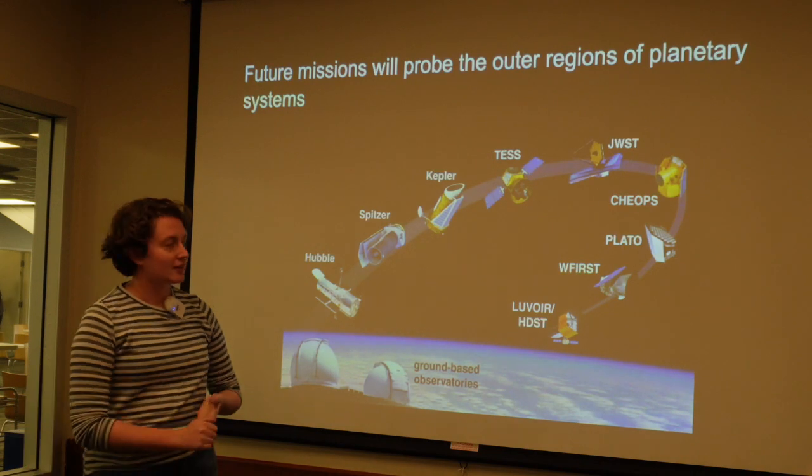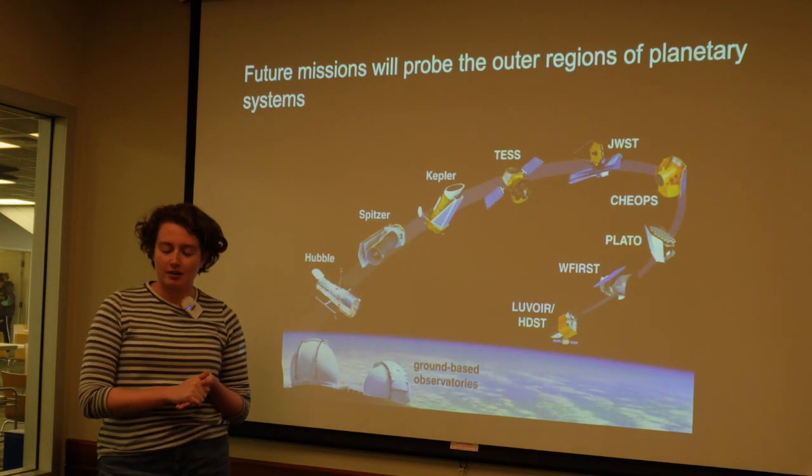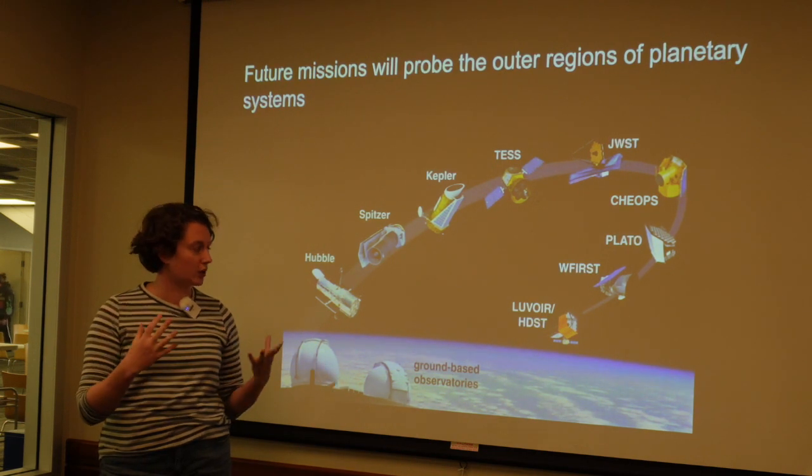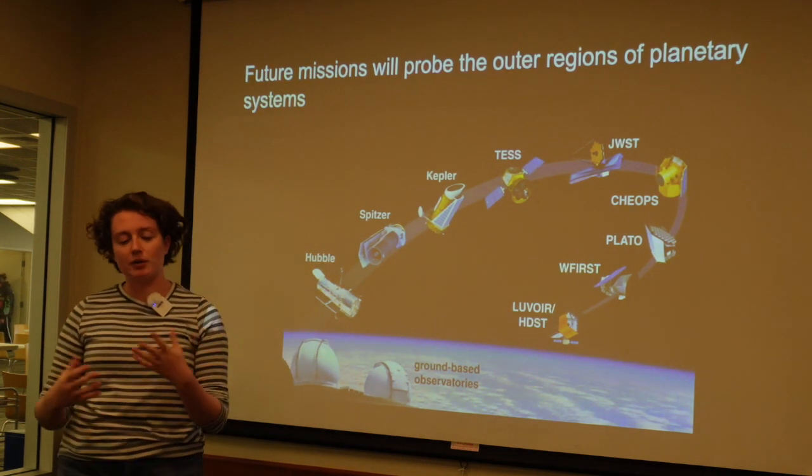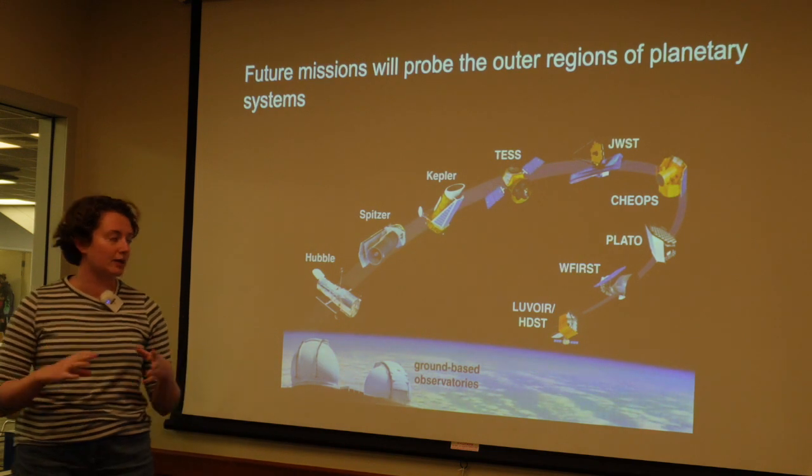The great thing is that there are fantastic telescopes, both currently operating and to come in the future, that will hopefully allow us to probe the outer regions of planetary systems.